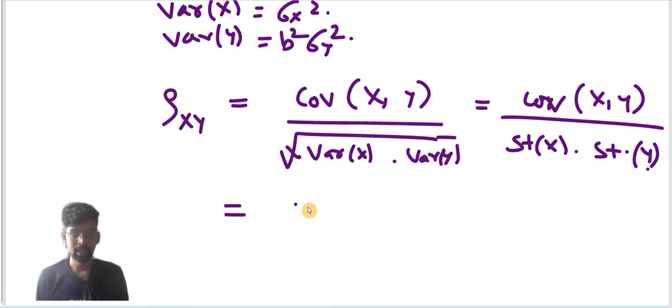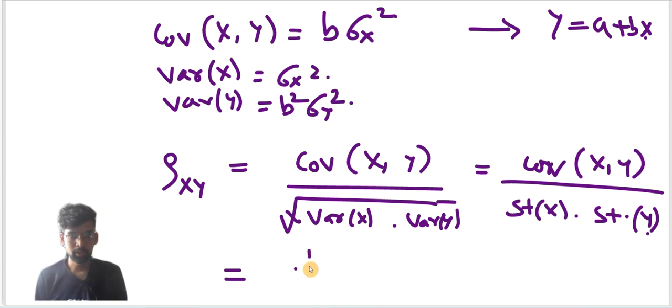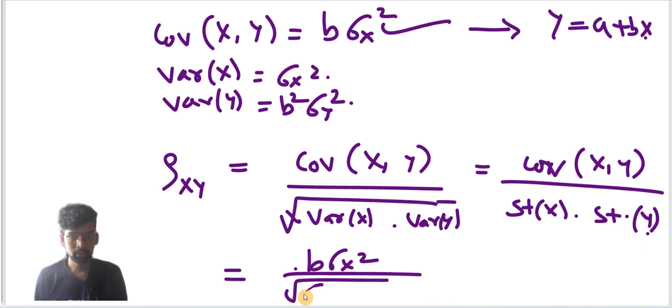Okay, so we have calculated variance of x, so we will put these values. Covariance of x y is nothing but what we have calculated above, so keep this in mind. It is b sigma x square, and under root we have variance of x as sigma x square and variance of y as b square sigma x square, not y square.